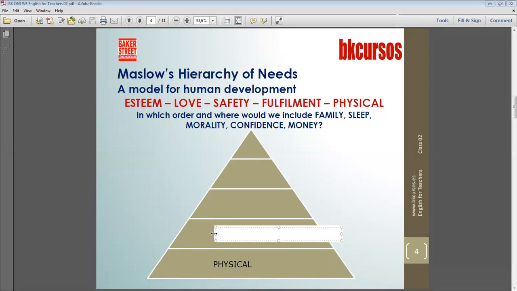Safety. Yeah. So we might imagine that physical, what's one of our physical needs? To eat. Yeah. Health.